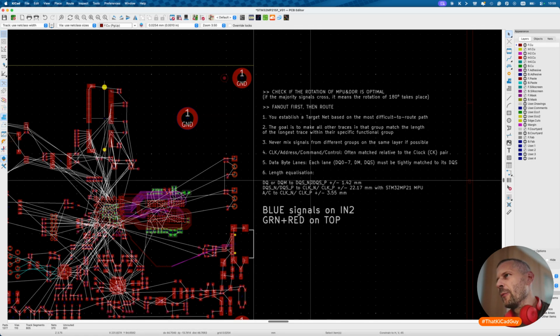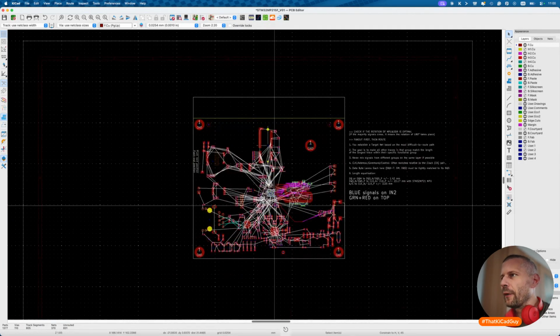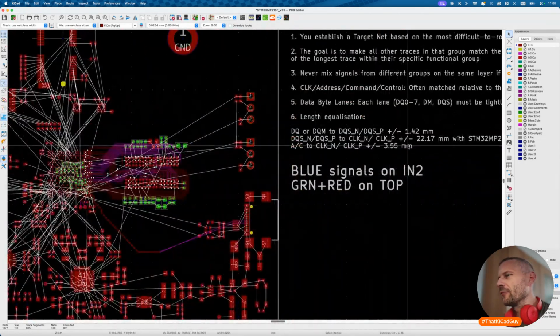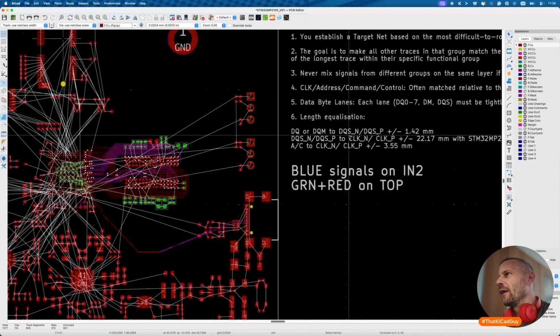Data strobe pair and clock pair. A clock pair is mainly for the AC signals, because the data signals are matched to the strobe signals, and the strobe signals are loosely matched to clock.